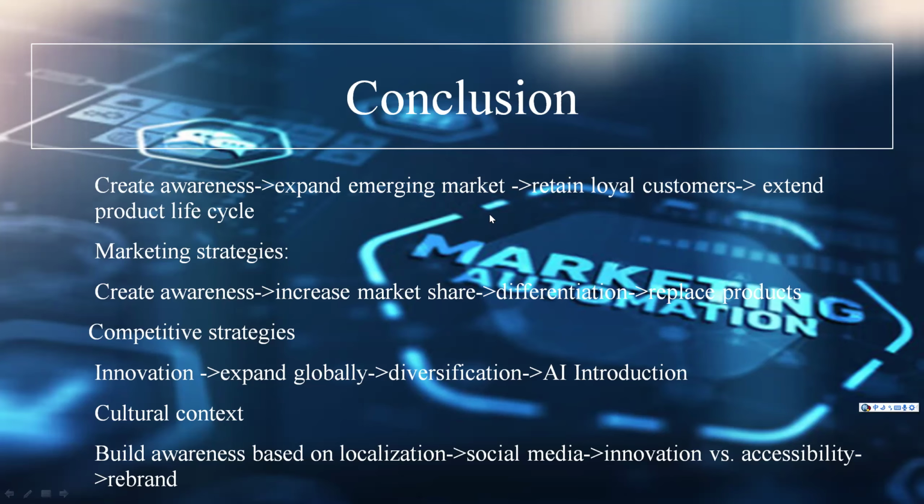When we are conducting the marketing strategy, the first stage is still creating awareness. However, the next stage will focus on increasing market share in the global markets, and iPhones specifically will need to differentiate from other products. And then in the decline stage, there will be replacing some of the old models, like what iPhone and iPad do.